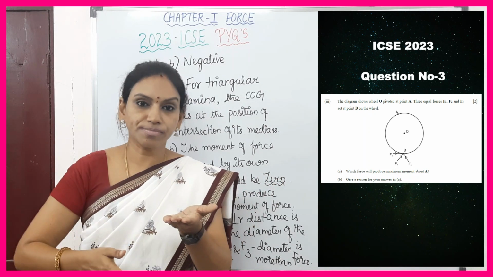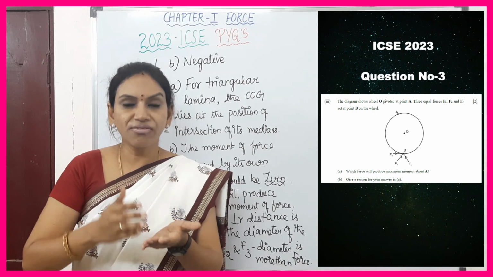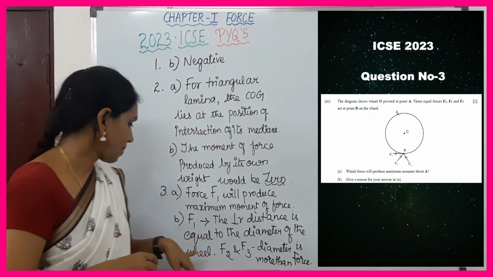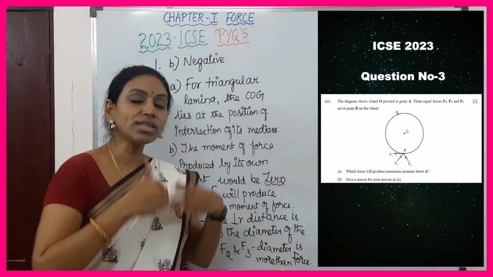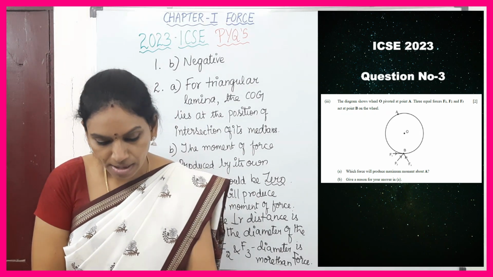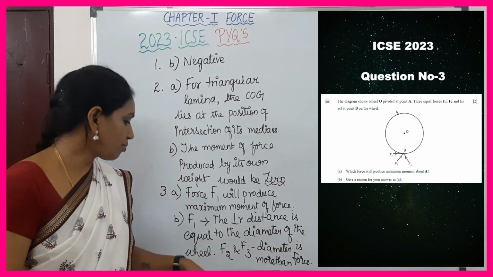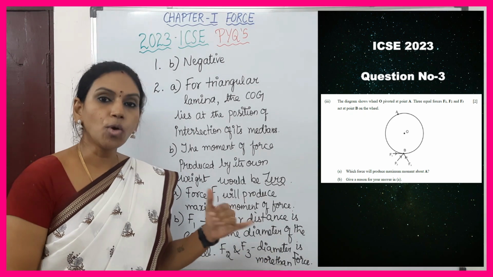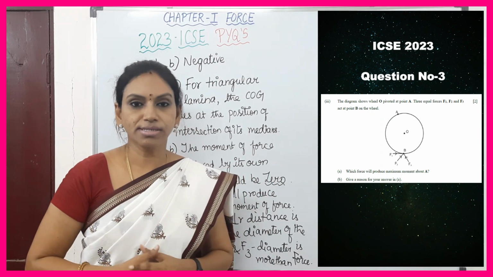If a force is perpendicular, definitely the moment of force will be higher for that. For F2 and F3, the perpendicular distance is less than the diameter. That is why the maximum moment will not be produced by F2 and F3, because their perpendicular distance is less than the diameter. That's your third answer.